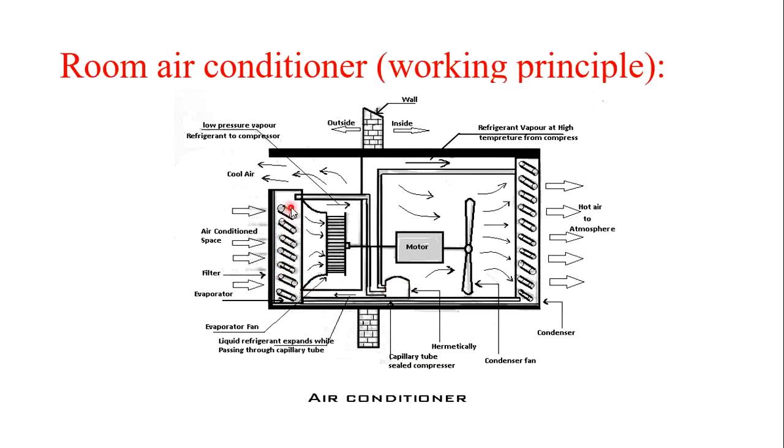One end of the evaporator coil is connected to the suction side of the compressor unit. The other end is connected to the capillary tube. Also, one end of the condenser part is connected to the delivery side of the compressor unit. The other end is connected to the capillary tube. Here the condenser fan and evaporator fan are working with the help of a single common motor shaft.